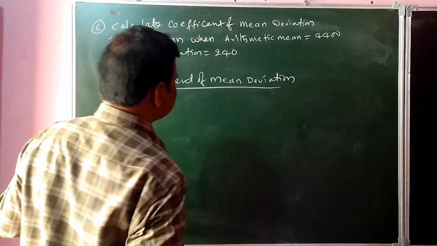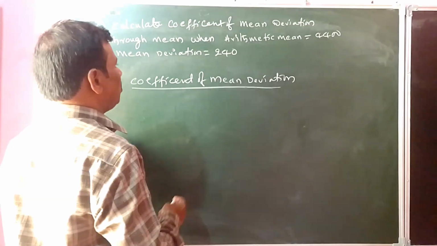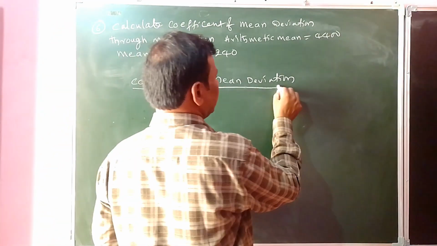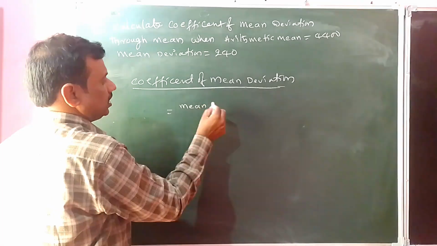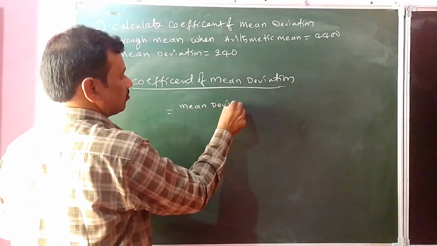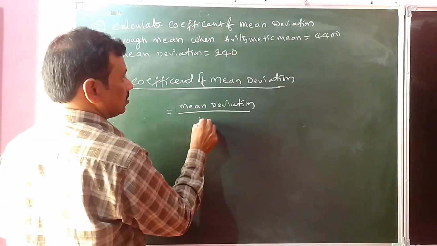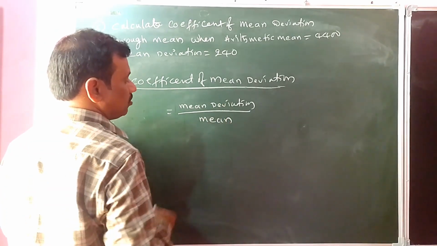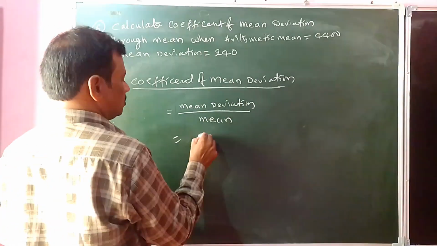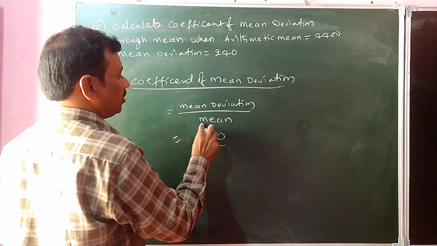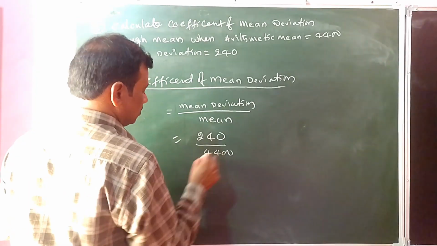The formula is mean deviation divided by mean. The mean deviation value is 240, divided by the mean, which means the arithmetic mean, 4400.